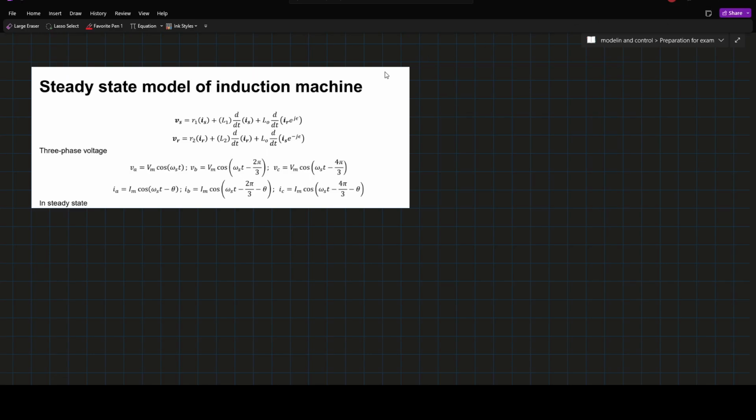Okay, we are gonna do the steady state model of an induction machine, and we are gonna continue with our squirrel cage induction machine. So here we have the voltage on each phase and the current on each phase.